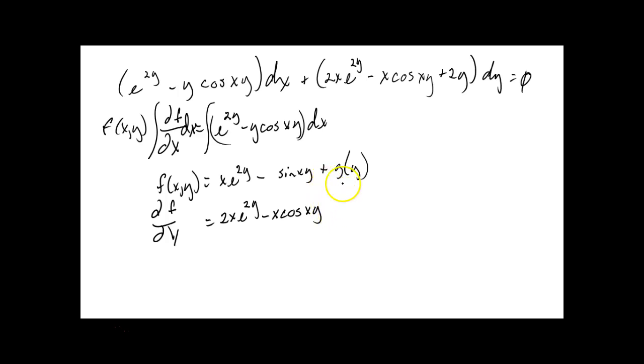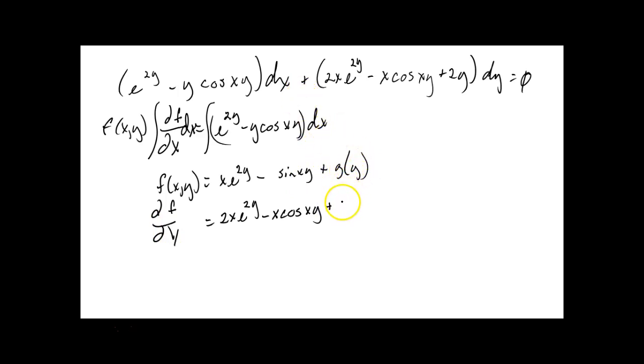Wait, no. You're taking the derivative of this f with respect to y, partial with respect to y. You did that term, that term. What about this term? What is it? What would that be? No. You were taking with respect to y. Yes, that'd be... This is g of y, just some function of y.